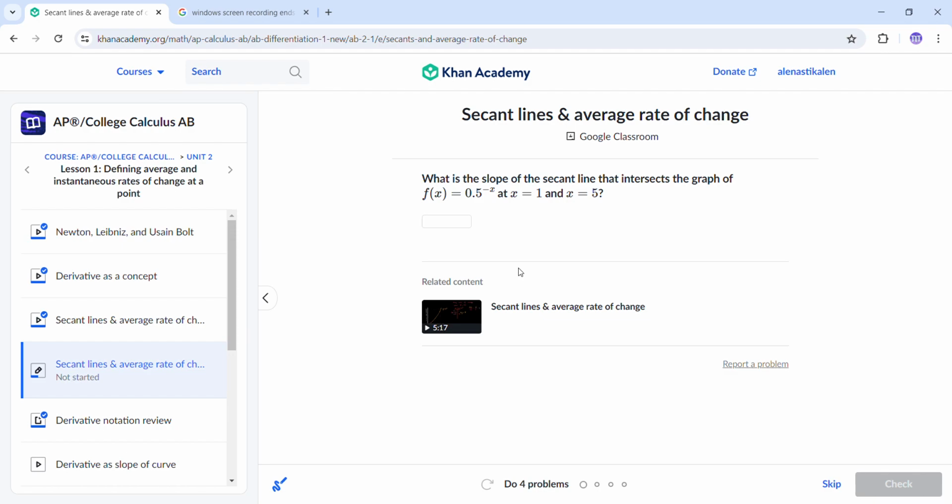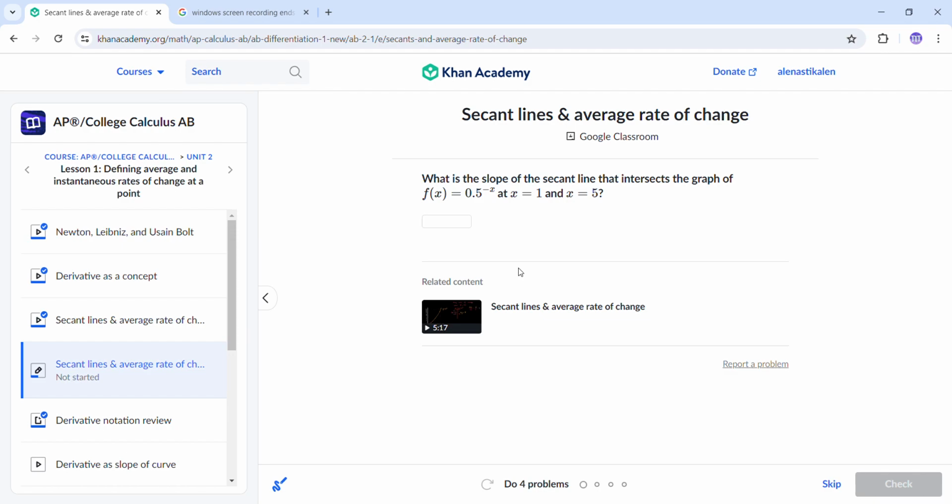Now, f of 5 is a little bit different. f of 5 is just going to be 1 over 2 to the 5th power, to the negative 5th power. So that would be 32. Now, not only would it flip the fraction, it would also be the value of 2 to the power of 5, which is 32.